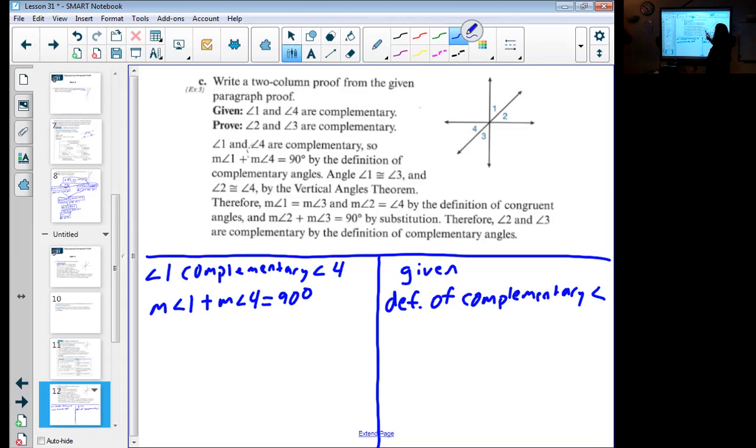Angle 1 is congruent to angle 3, and angle 2 is congruent to angle 4, by the vertical angles theorem.